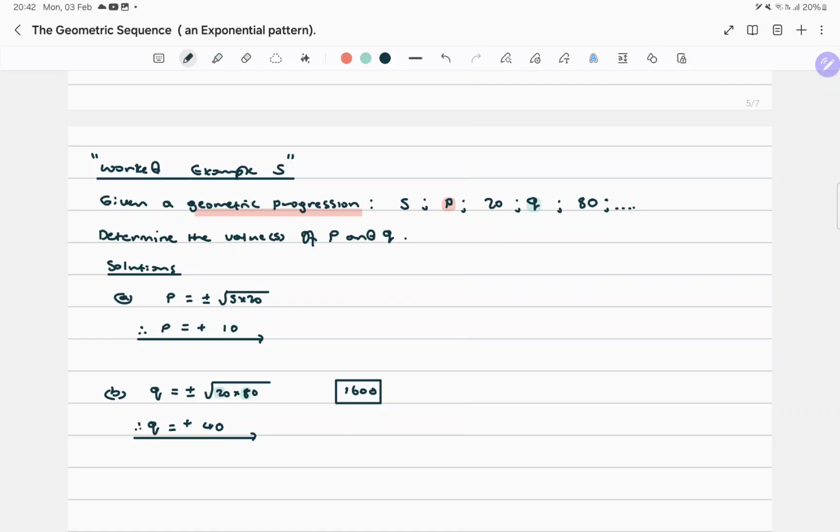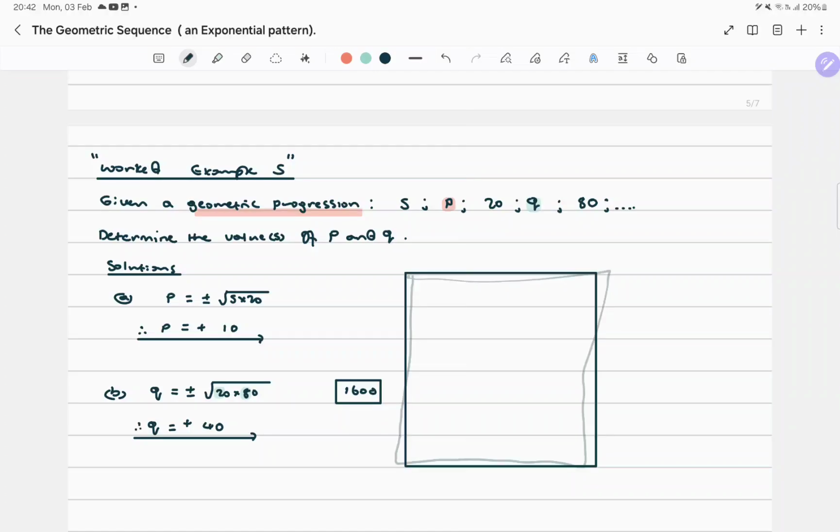Now guys, you may be wondering, how did I know this is the case? Now there's two ways of thinking about it. The reason for this is perhaps using the common ratio, the idea of the common ratio. Because we know, guys, that 20 over p, okay, maybe let's start like this.